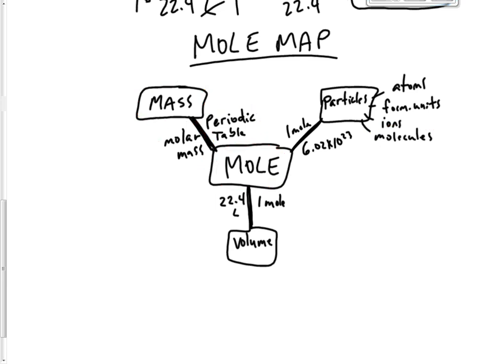Let's say I give you mass and I ask you for volume. You can't go directly from mass to volume. There's no conversion factor for it. So you have to go from mass to the mole, using your molar mass as 1 conversion factor, then go from the mole to volume using your 2nd conversion factor. So it's a multi-step problem, but that's going to be taken care of in a later video.